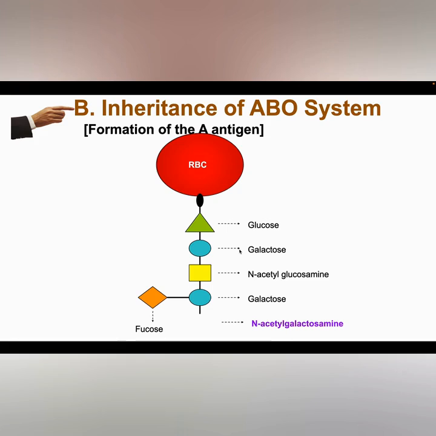On this sugar, on the 6th position, N-acetyl galactosamine is there. If you remove N-acetyl galactosamine, we call it antigen H. If N-acetyl galactosamine is present over here, we call this antigen A. That means antigen A and B are determined by the presence of a terminal sugar present over the H antigen.